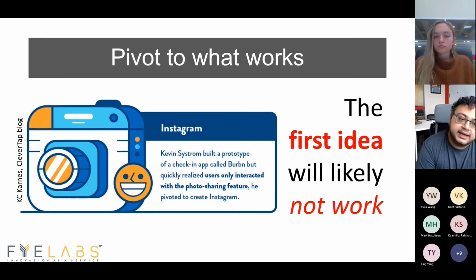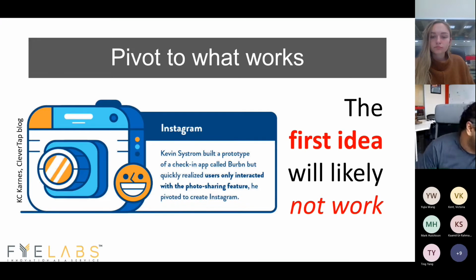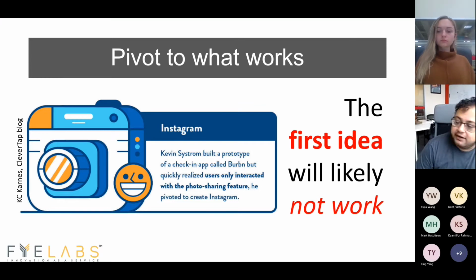But the founders realized that most of the features in Bourbon were not really being used by the customers. So they created a very bare bones app, and they realized it was only the photo sharing feature that was generating a lot of traction. And that's how they started focusing on that feature.